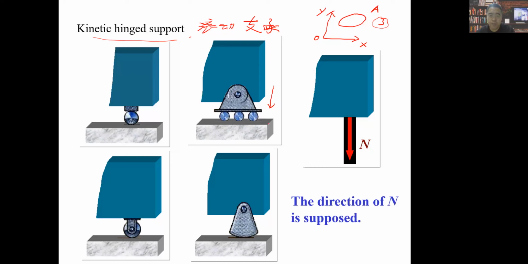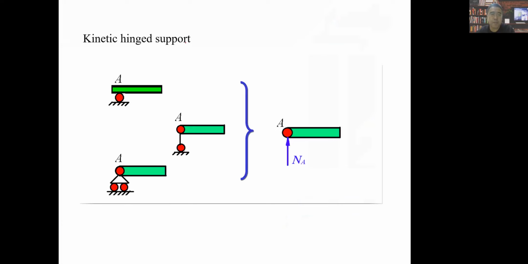We also have some other constraints. From this figure, all these three figures may occur in our problems. You should figure out that all these three are equivalent to this one.